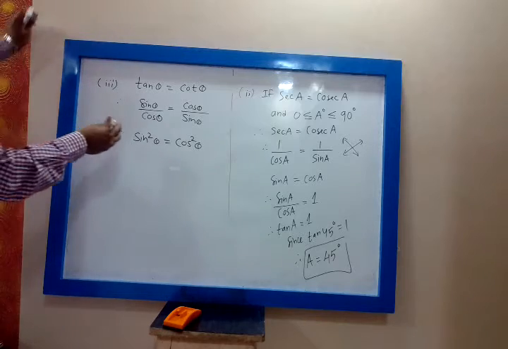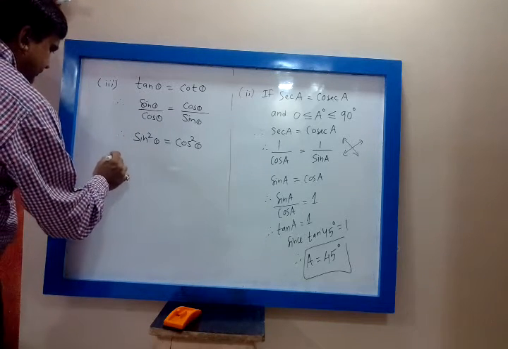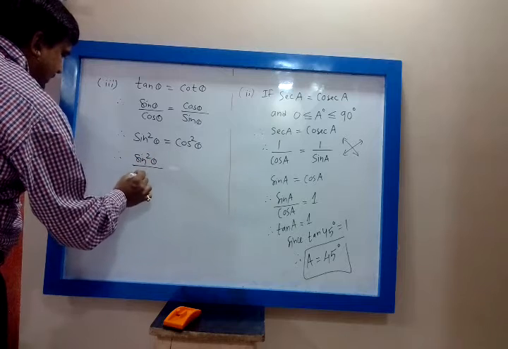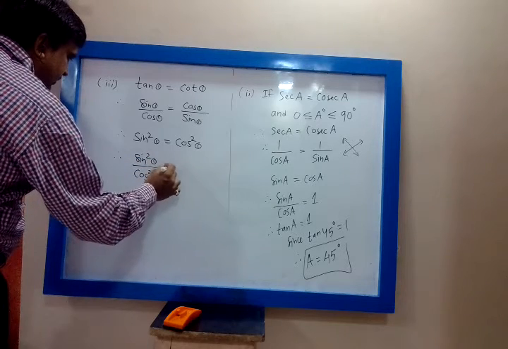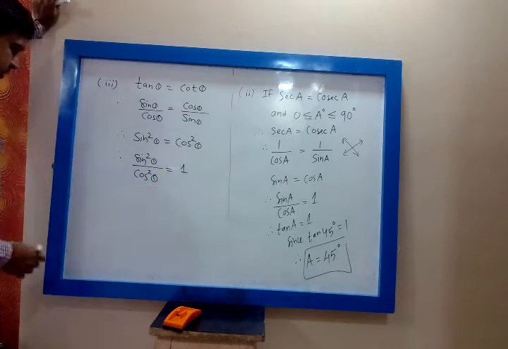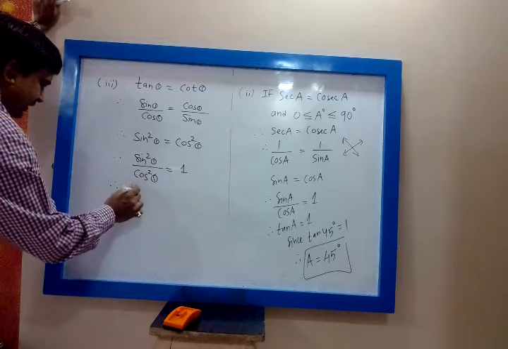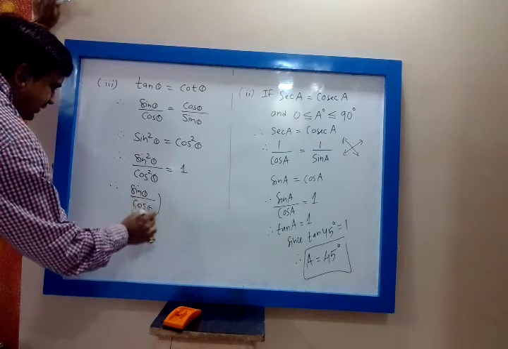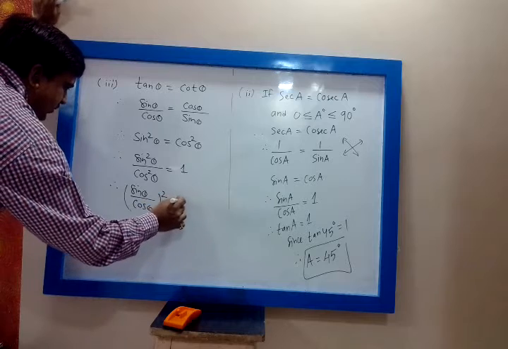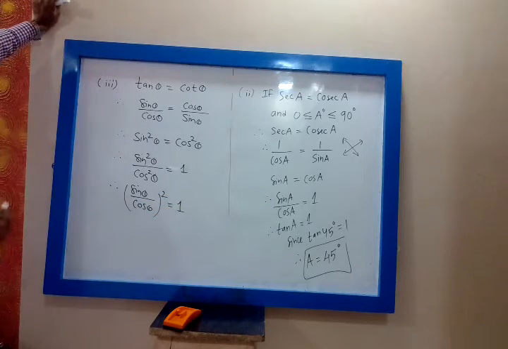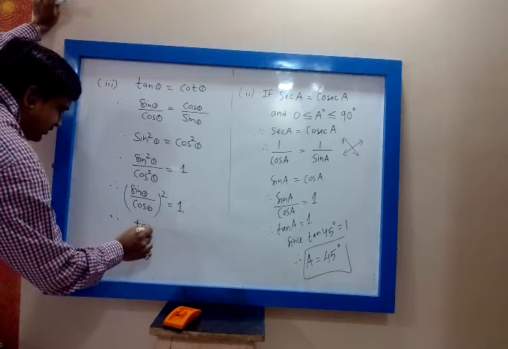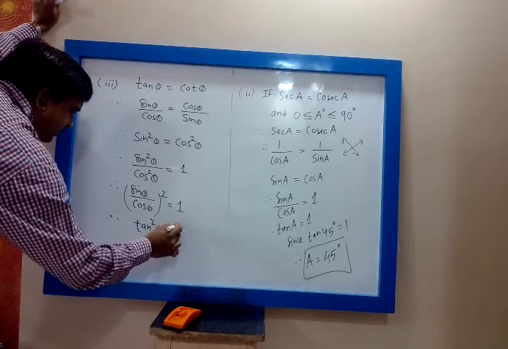Sin square theta is equal to cos square theta. So sin square theta upon cos square theta is equal to 1. I can write (sin theta upon cos theta) whole square is equal to 1. What is sin theta upon cos theta? Tan square theta. Tan square theta is equal to 1.